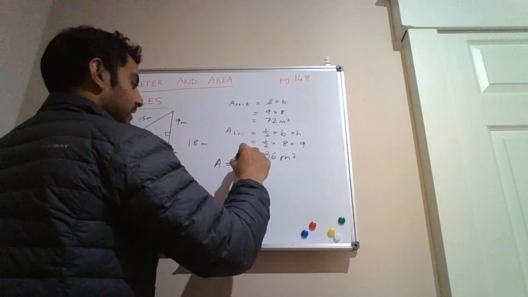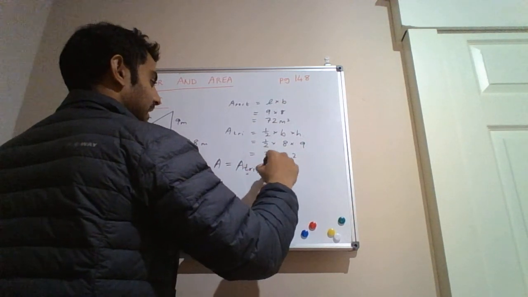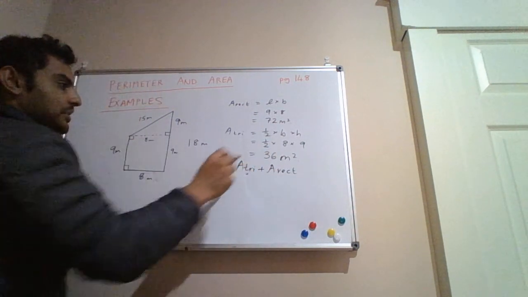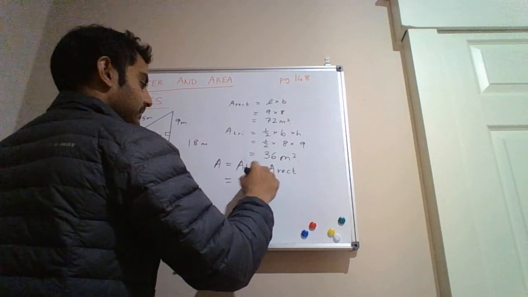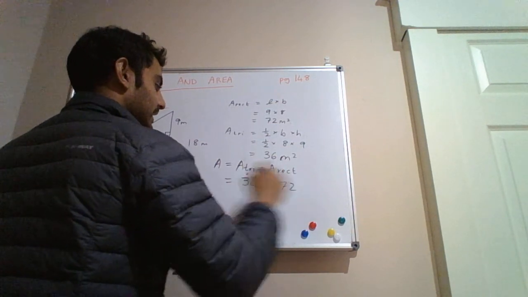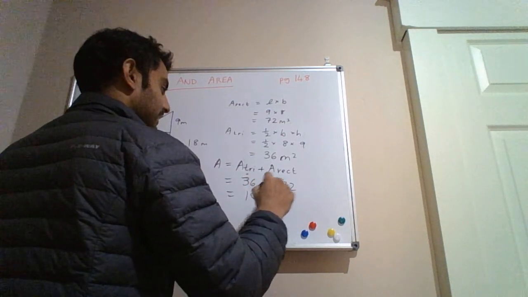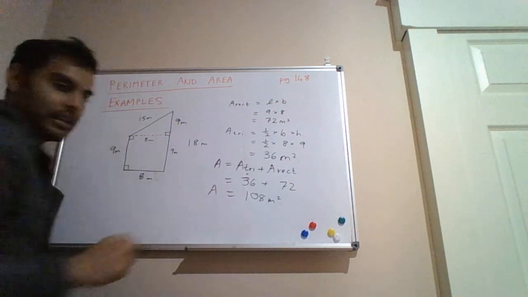So the total area equals to the area of the triangle plus the area of the rectangle. So we're going to add together the 72 and the 36. So it should give us 108, and our unit is meters squared.